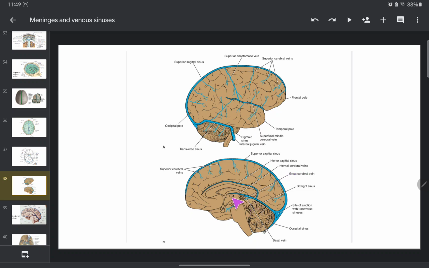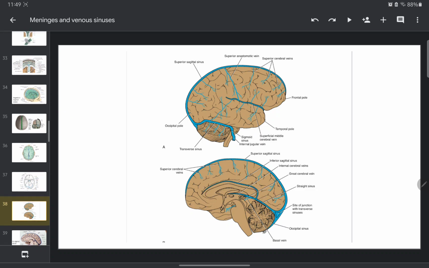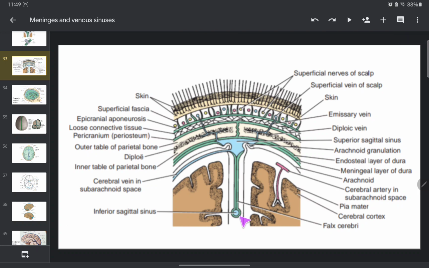Now this venous sinus, the inferior sagittal sinus, runs in the inferior or free border of the falx cerebri. As you can see here, this is the inferior sagittal sinus. It is lined completely with the meningeal layer of the dural fold of the falx cerebri.